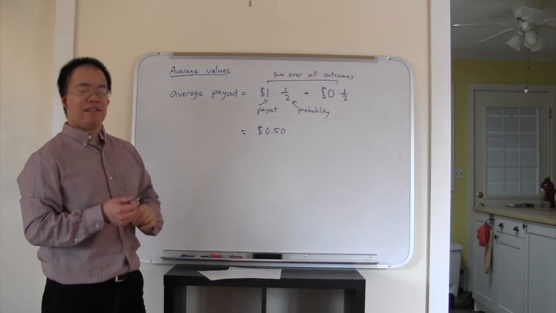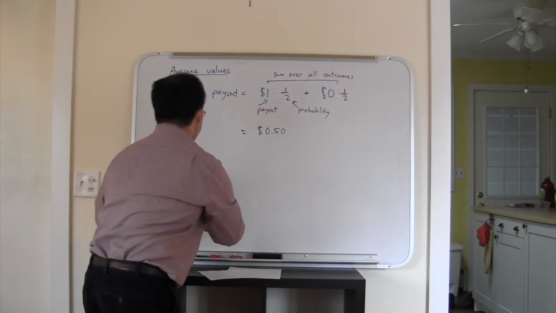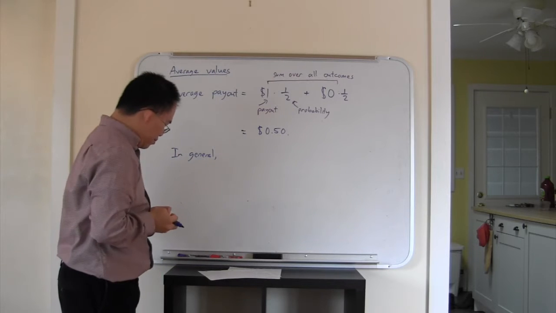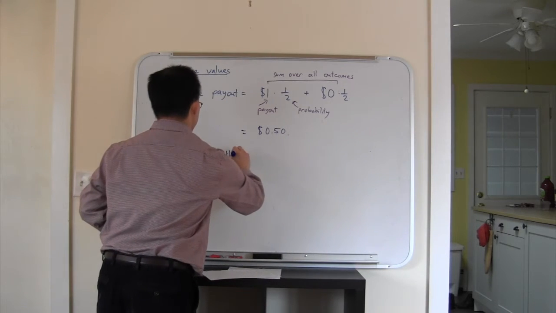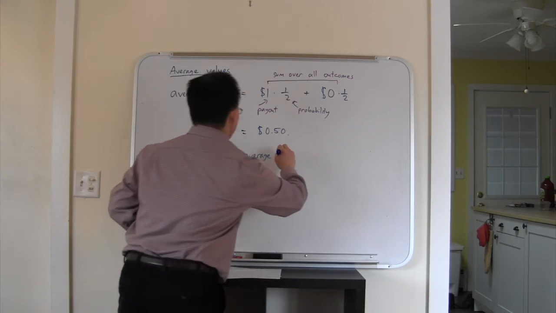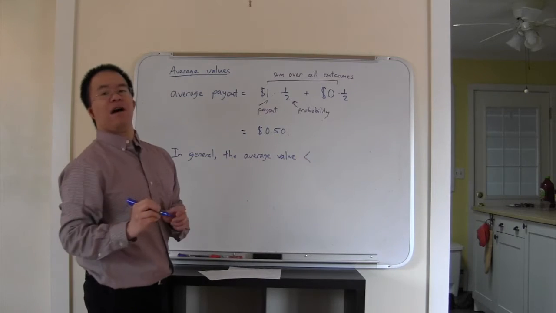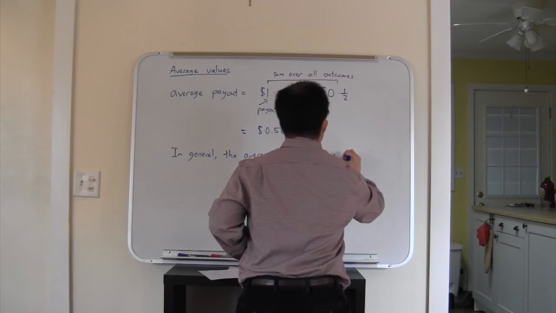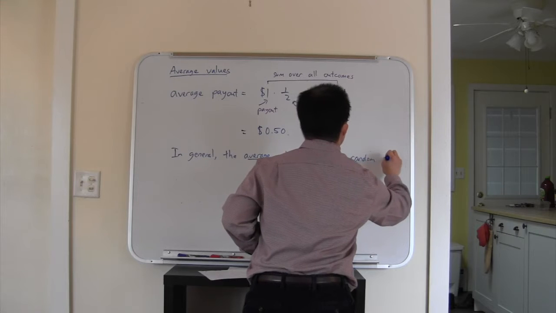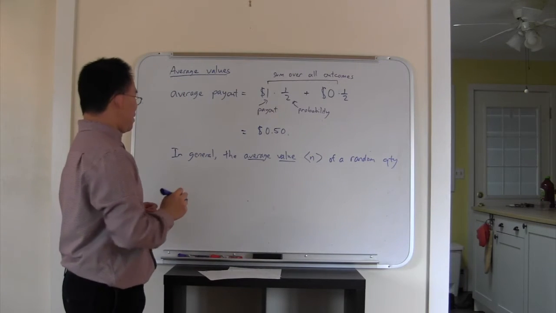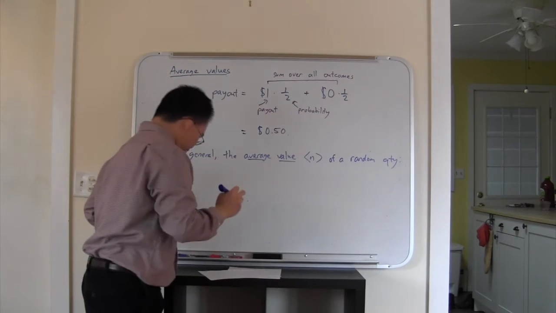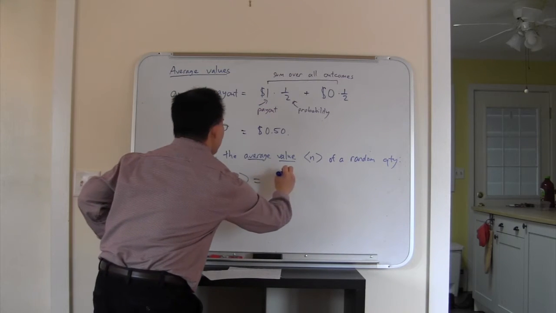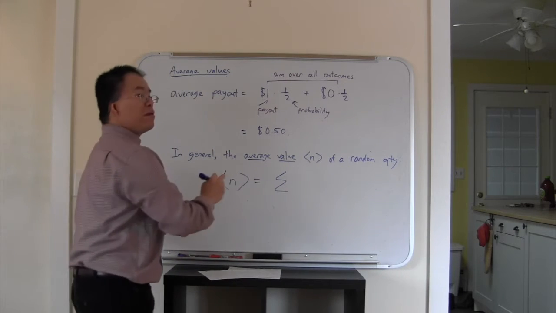So this lets us generalize the concept of an average value, and armed with intuition from this example, we can write down a general definition. The average value of some random quantity n, and I'm going to use the brackets here, is given by the sum over all possible values.